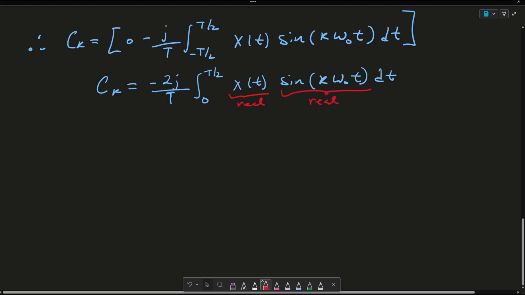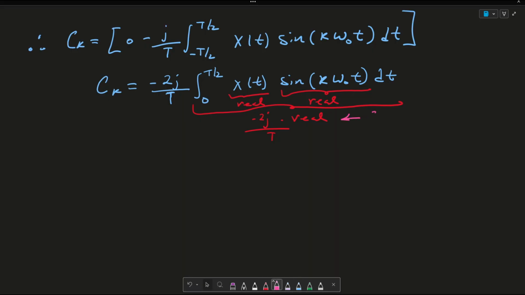Again, there's no j's here or imaginary terms, so this entire integral is real, but then we're multiplying it by this minus 2j over T, and this j makes it imaginary. So then this here makes ck to be purely imaginary. Or you can say that the real part of ck is equated to 0. And that ends my proof number 1.